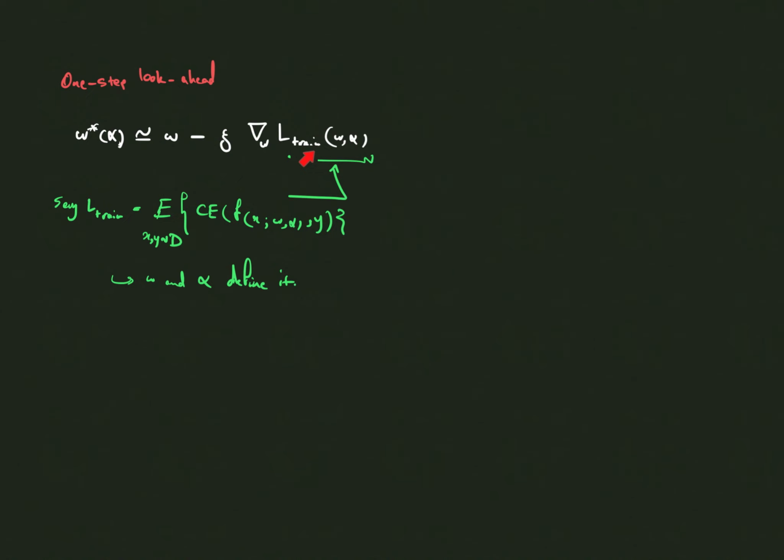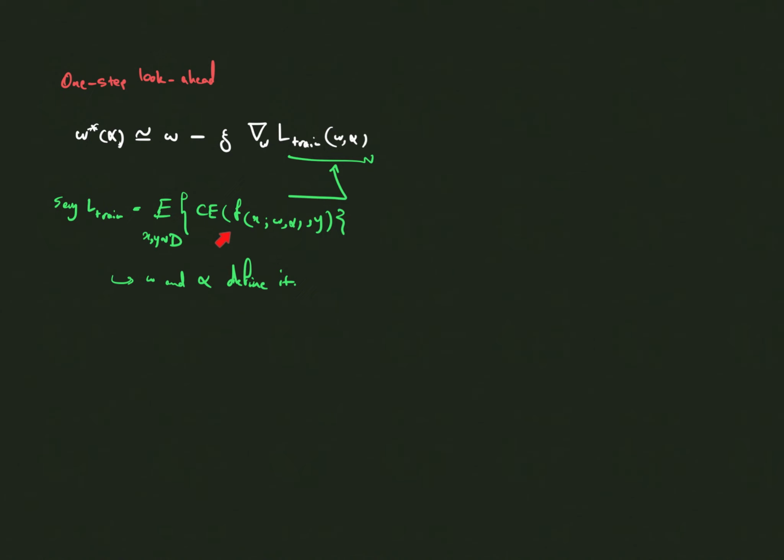Note that when we were talking about L train being a function of omega and alpha, what we mean is that in your training objective, you have some sort of an objective such as this, meaning that you want the expected loss of observations and labels sampled from the distribution of observations and labels to be minimized.